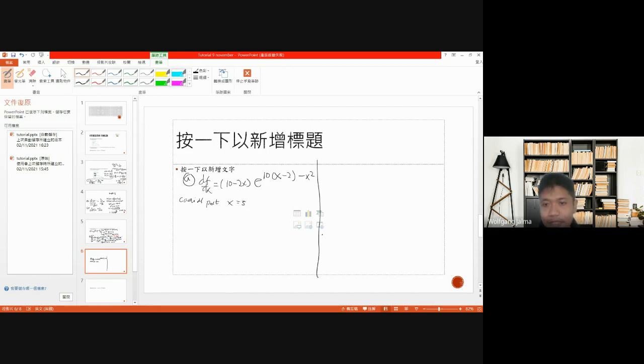And we have b. This is when x is bigger than 2, and this is when x is smaller than 2.